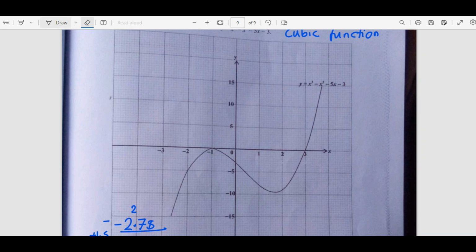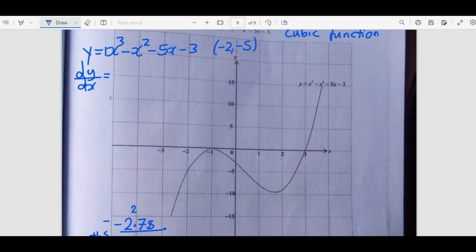So the original equation is y is equal to x cubed minus x squared minus 5x minus 3 at the point -2, -5. What we are supposed to do is find the first derivative of this equation. So we differentiate with respect to x, which is dy over dx.